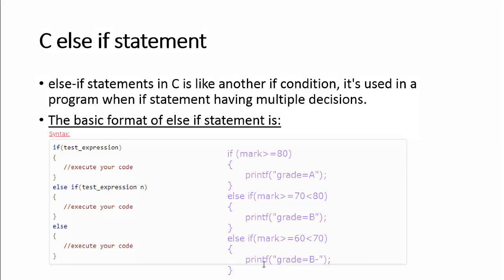So this is the structure. If mark is greater than 80, grade A. Else if mark is greater than or equal to 70 but less than 80, then B. Else if mark is greater than or equal to 60 but less than 70, then B minus. Likewise, this is called the else if statement. Several decisions are there, right?